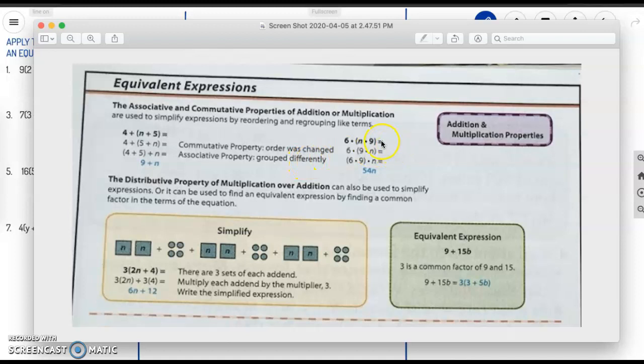So think about the parentheses here. Here, you are multiplying 9 times n first. But the associative property tells us that even if you change the order here, so if you do 6 times 9 first, then we get the same answer of 54n.